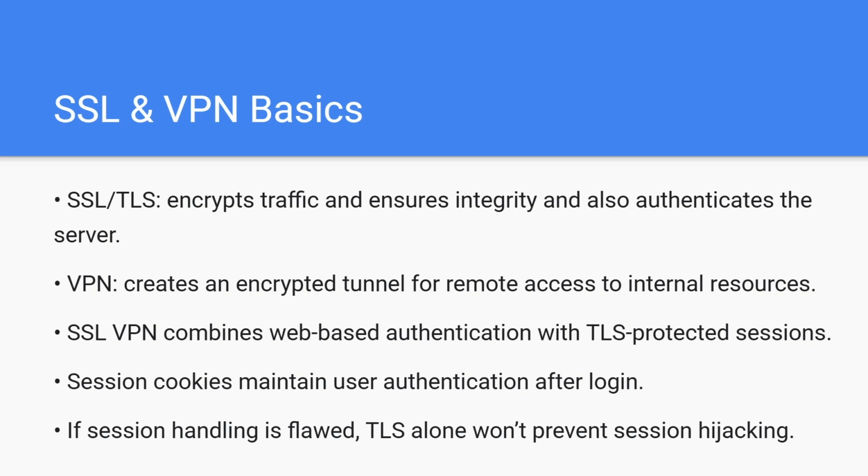If the server's session handling or authentication checks are flawed, an attacker can hijack or spoof a session even though the channel is encrypted. That's why an authentication bypass vulnerability in an SSL VPN is so dangerous. It cancels the access controls that the VPN is supposed to enforce and gives attackers a path directly into internal systems despite TLS being in use.